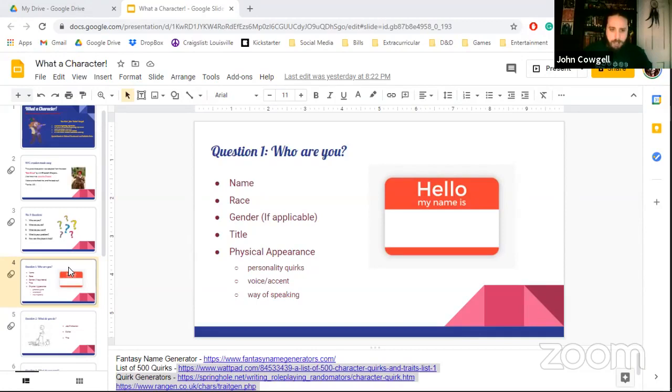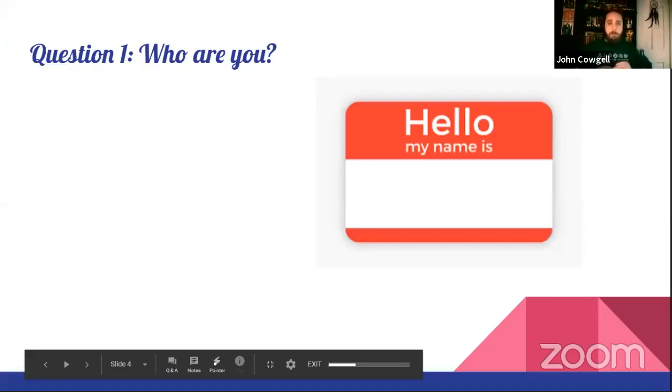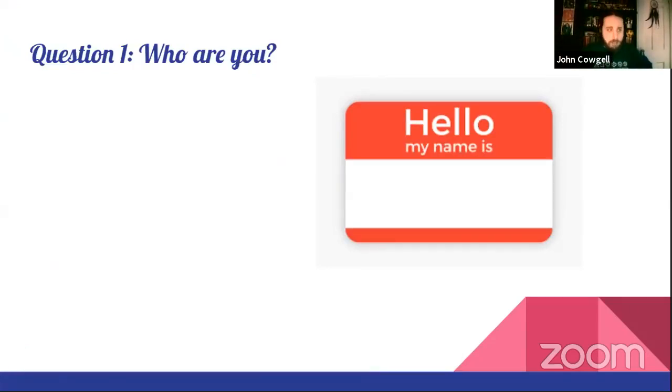Now, I've used the quirk generation before. The list of 500 quirks I looked up just for you guys, just in case. But after doing that, if you're going to have a character that is going to be interacted with more than just a background random person, then you want to give them a little bit more depth.